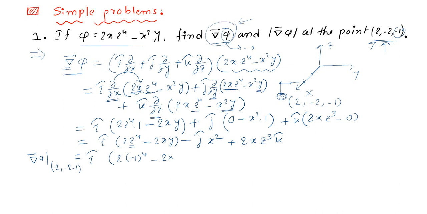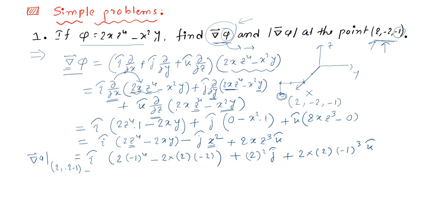So 2 into 2, y is minus 2, so this is the first term, plus x square, which means 2 square j cap, plus 2 into x is 2 and z is minus 1 whole cube, which is k cap.